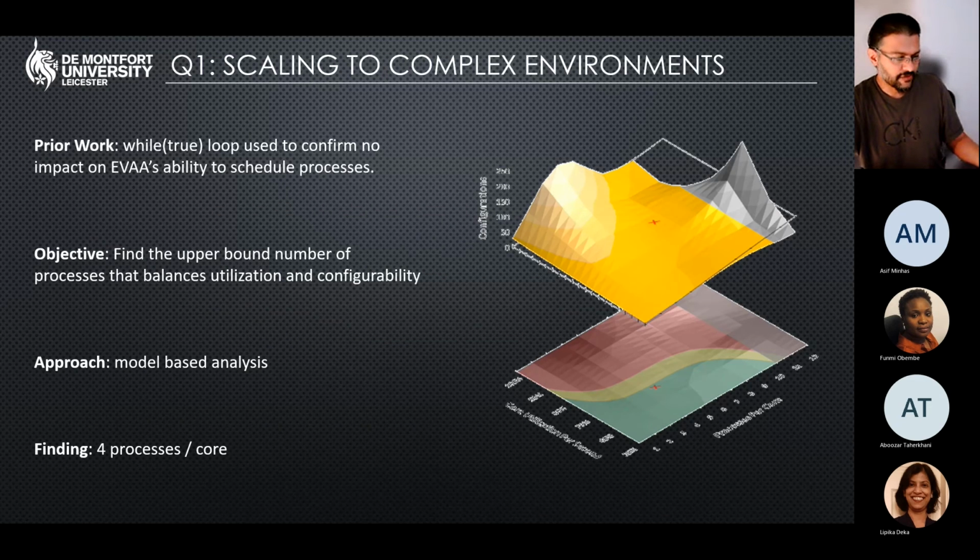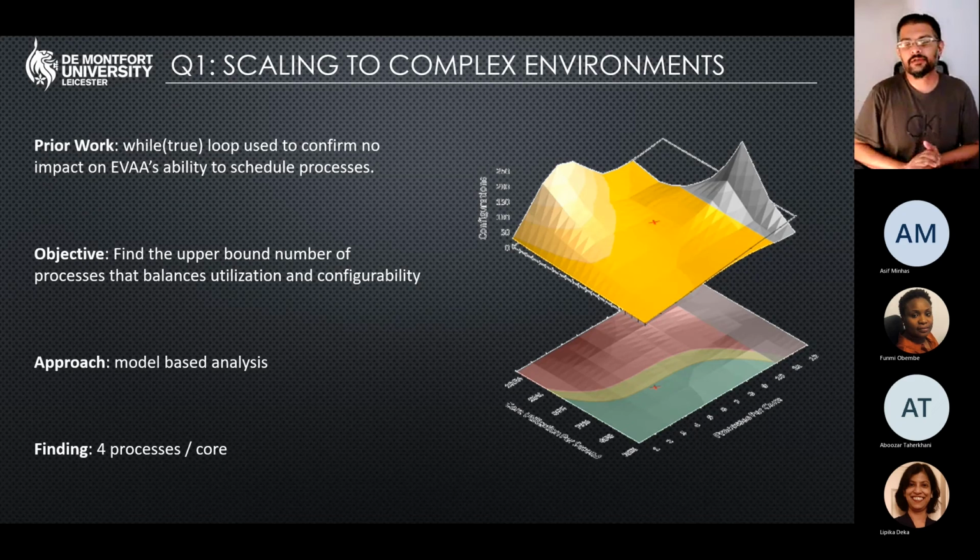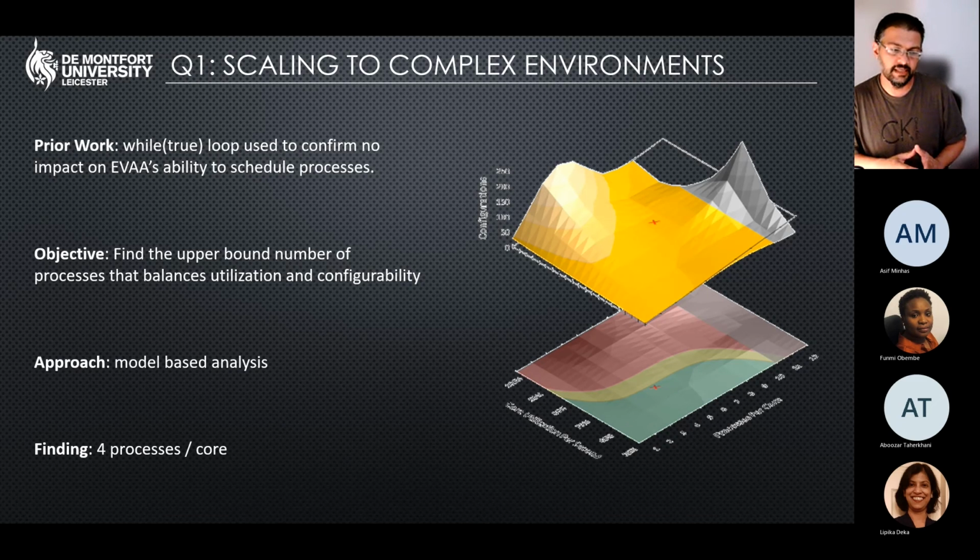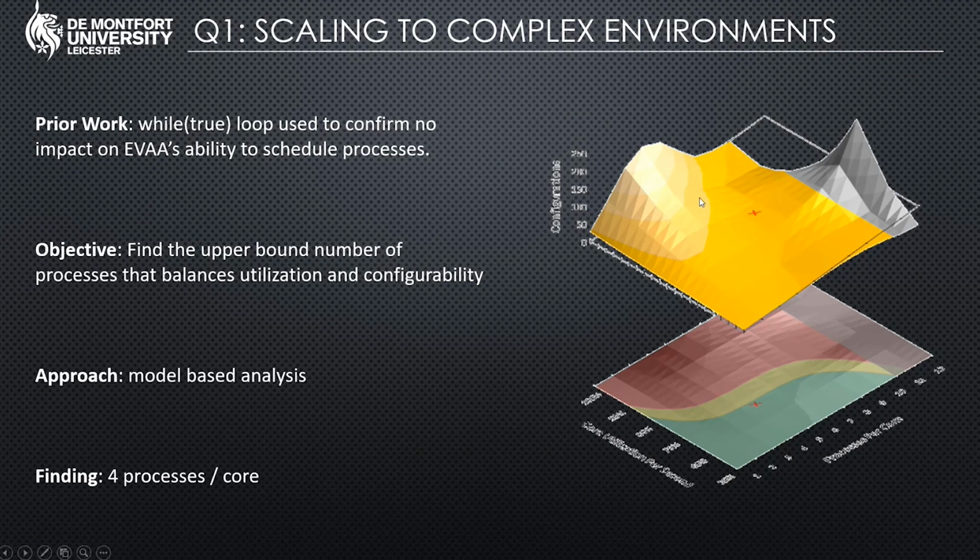And so as far as the first question, we took a model-based approach. We built a model that takes into account the system parameters that have to do with allocating processes. And the optimal point, the fitness again, is measured in terms of not just the load on the system, the CPU utilization, and the number of processes, but also configurability.